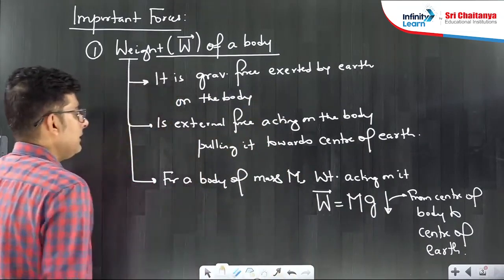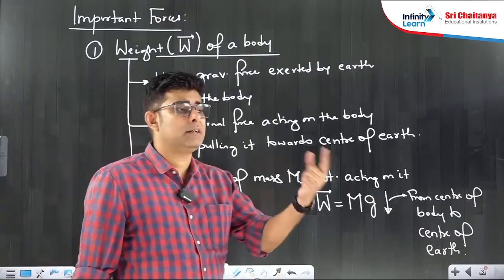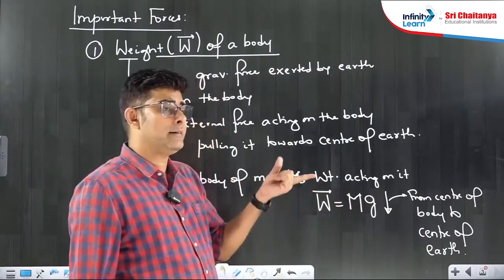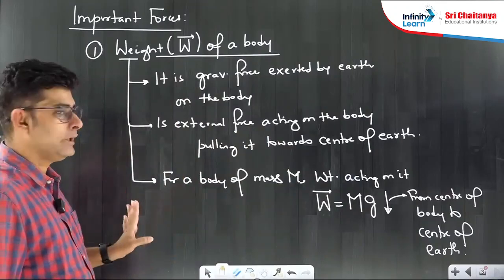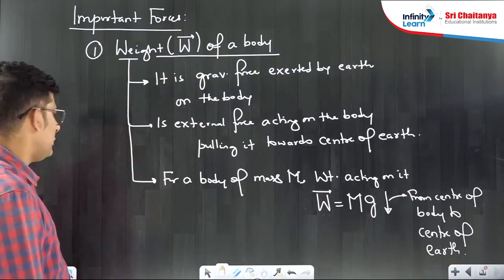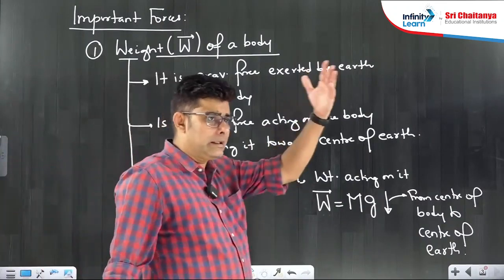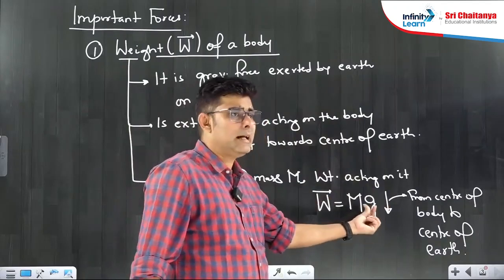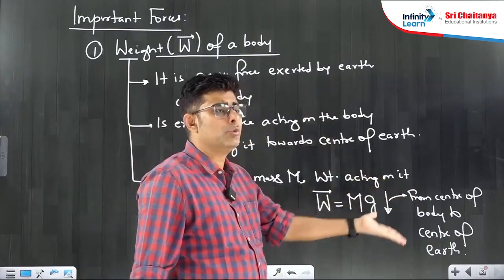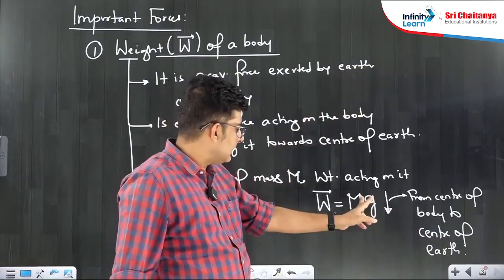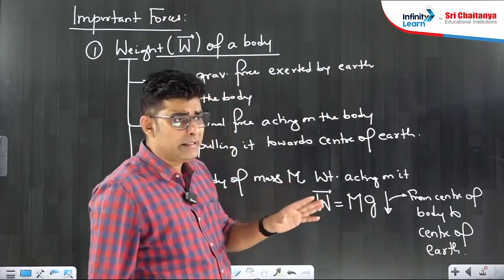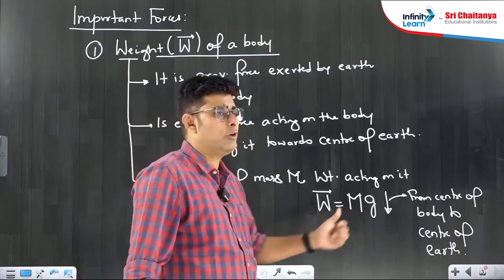Clear? So weight is not a force which a body exerts on another, it is the force which is exerted by Earth on the body. Clear? This thing should be clear to everyone. Now the value g, in a later chapter on gravitation you will study that g can vary if you move far away from the surface of Earth or you go inside Earth. But generally near the surface of Earth g is constant.